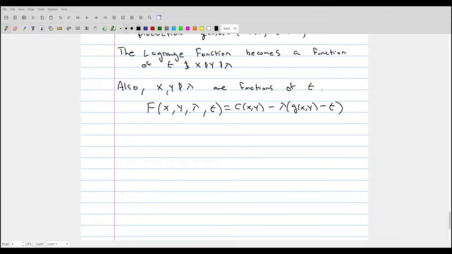So for a fixed value of t, you can go through, just like we did before.